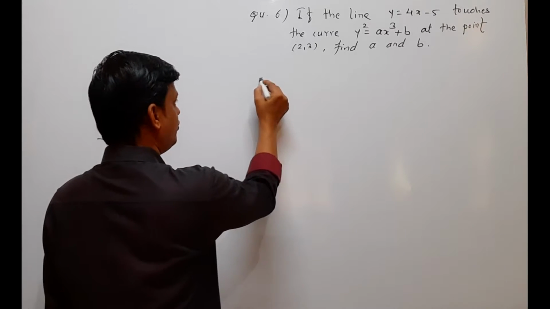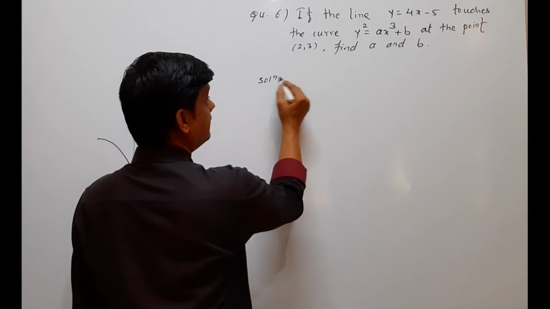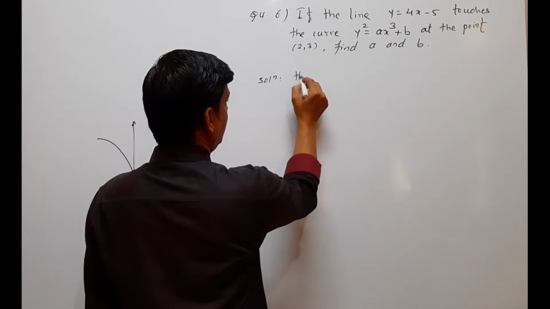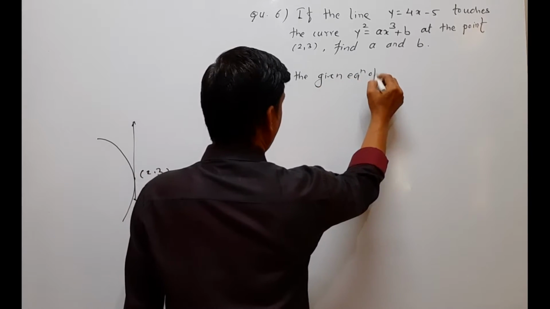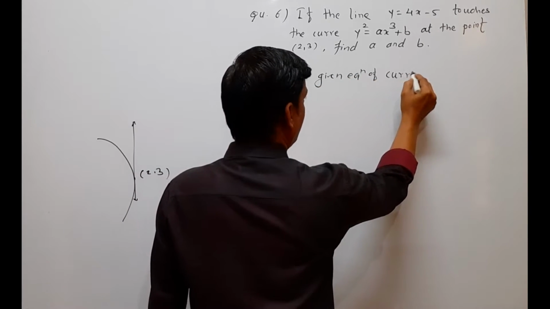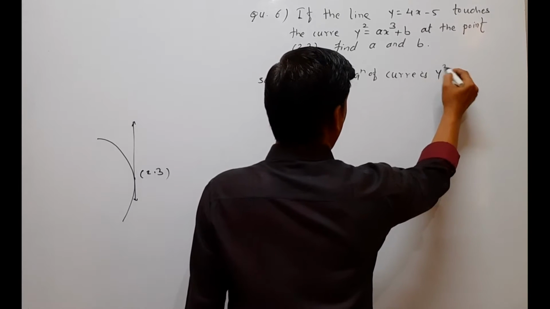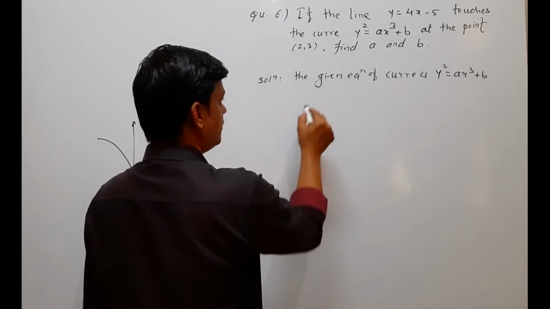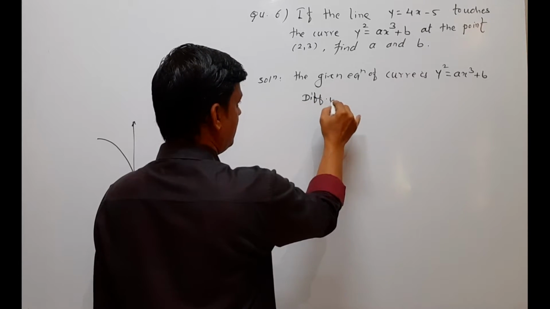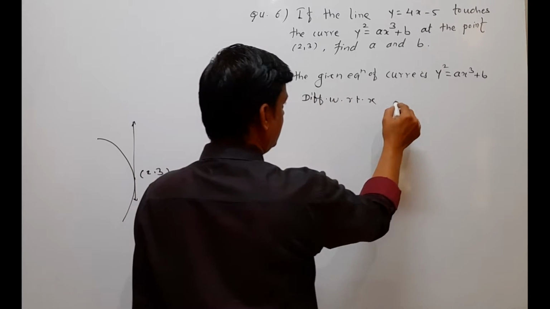So write in solution, the given equation of curve is y square equals to ax cube plus b. So differentiate with respect to x.